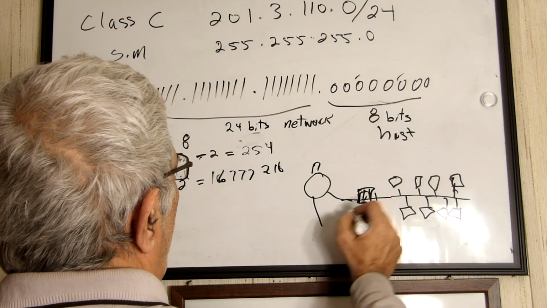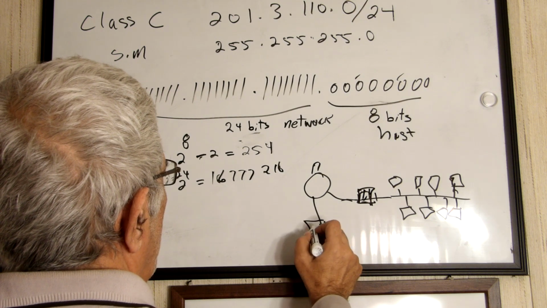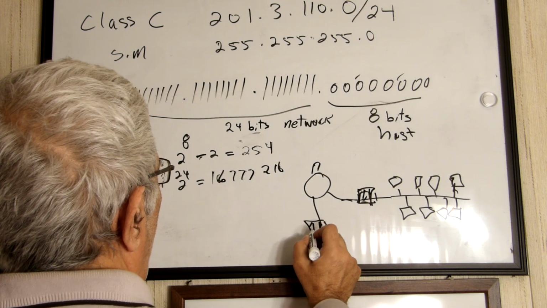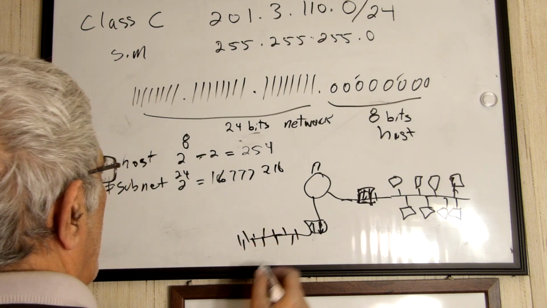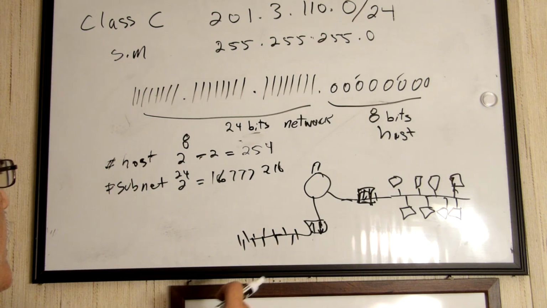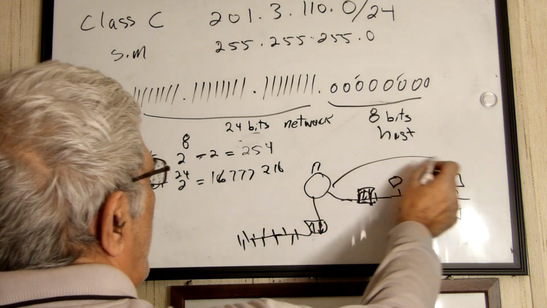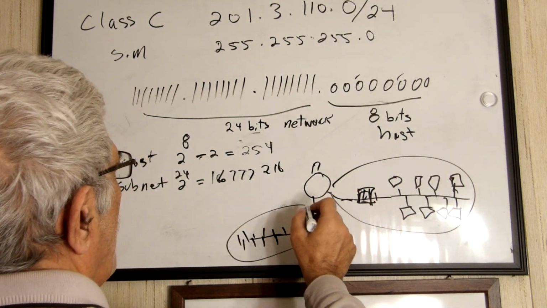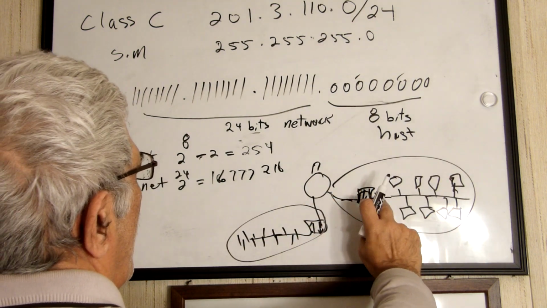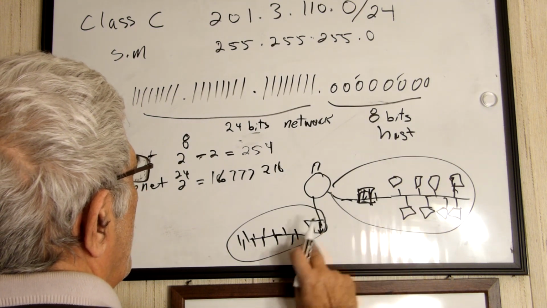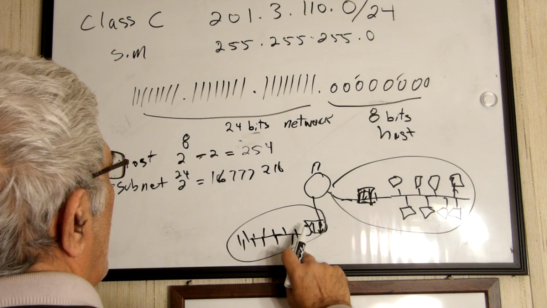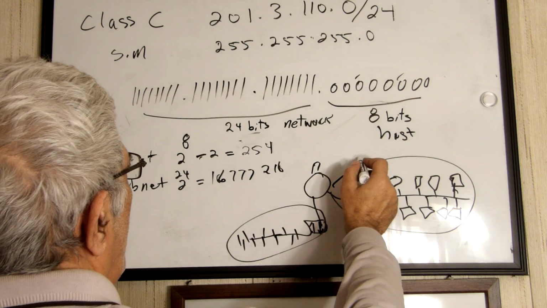It's connected to a router. Here you have a switch, and there are maybe hundreds of these, 50, 100, whatever. This is one network, and this is another network. So there are maybe 100 hosts here, 200. Still okay, and there are only two networks.